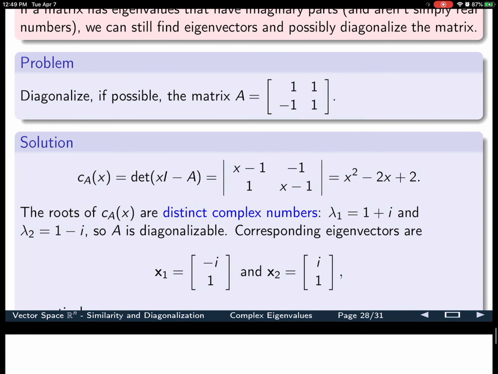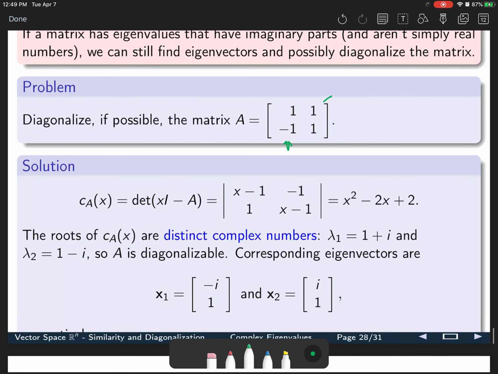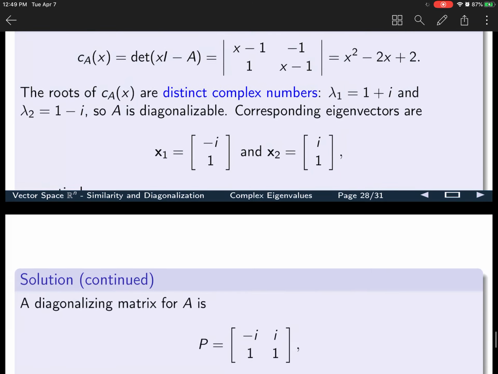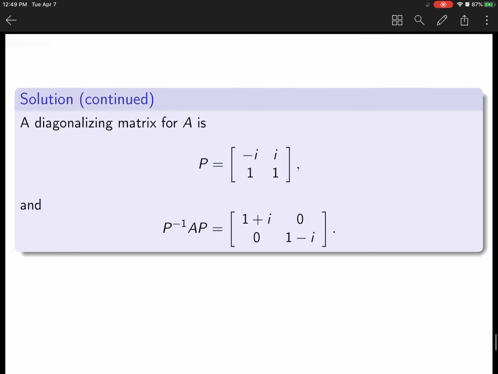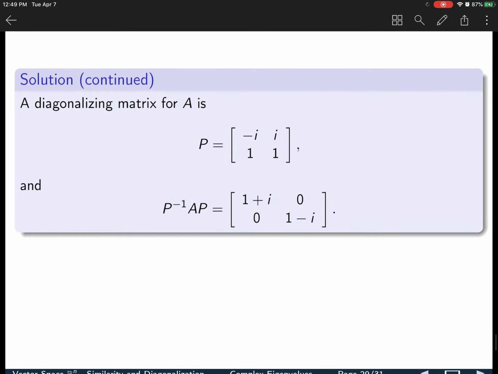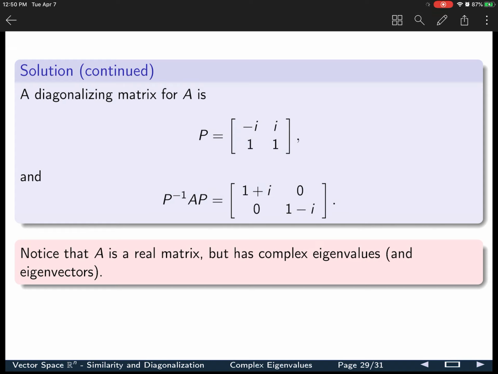And that's happening here because we have that -1 here and the +1 over here. This is not a very symmetric matrix. Those parts are opposites of one another. Let's keep going. So there's a diagonalizing matrix for A. Cool.